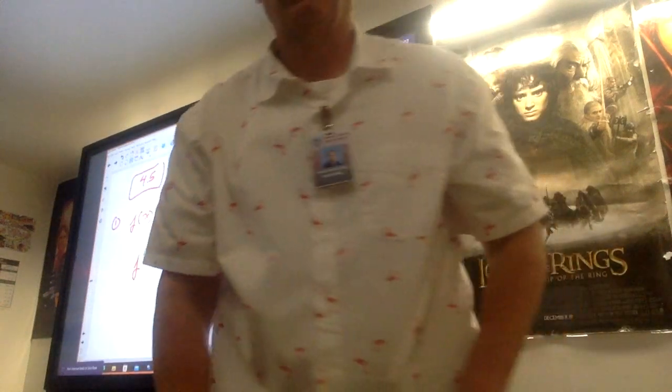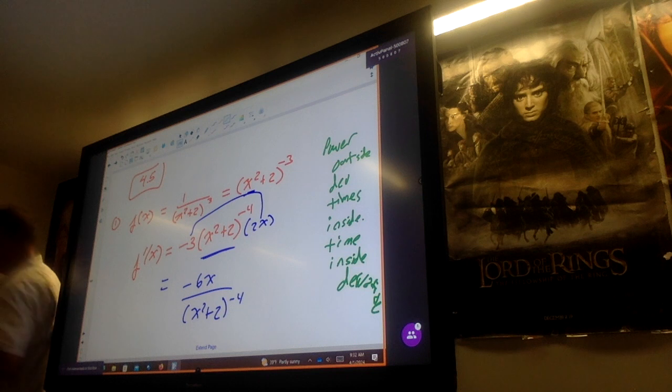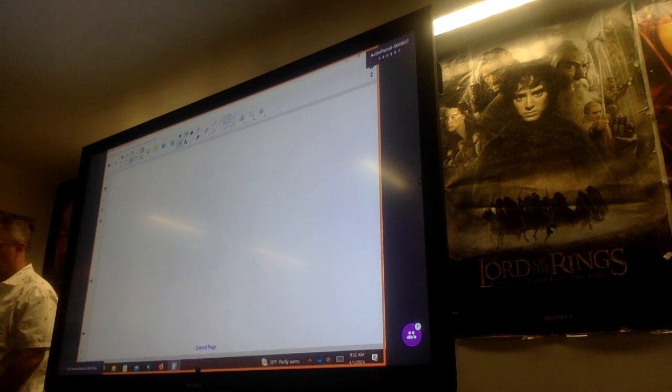We're on 4-5. All right, problem number 2. Problem number 2, we have g of x is equal to x squared plus 4x raised to the minus 2.